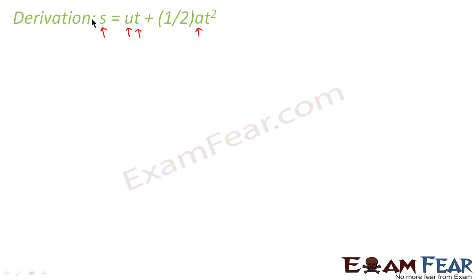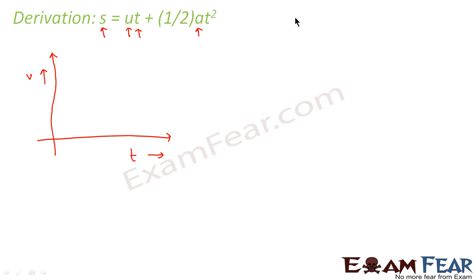In this case, since we are deriving an expression for displacement, let us see how we can calculate displacement. As I already told you, in case of a velocity time graph, the area under the curve is displacement.